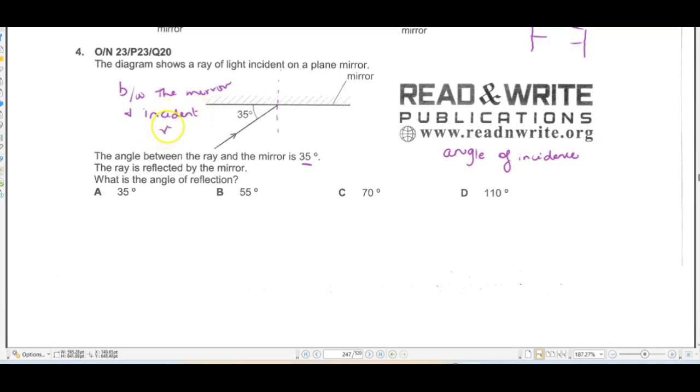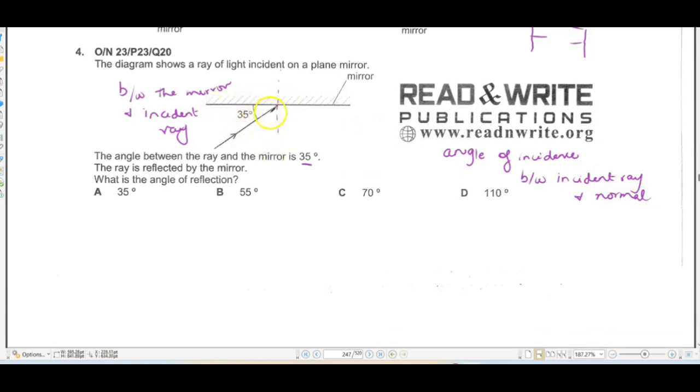Okay? And this is not the definition of the angle of incidence, since the angle of incidence is between the incident ray and the normal.